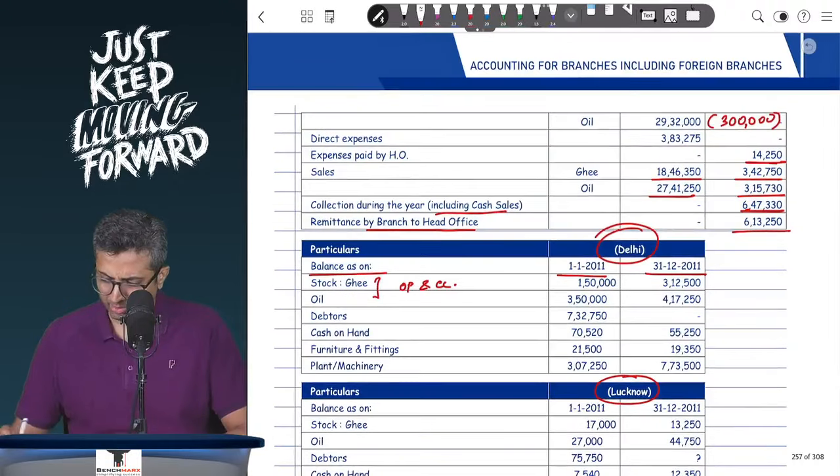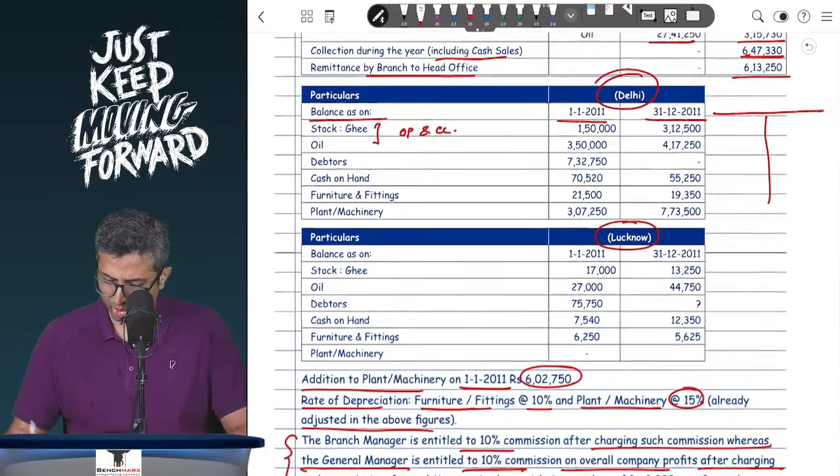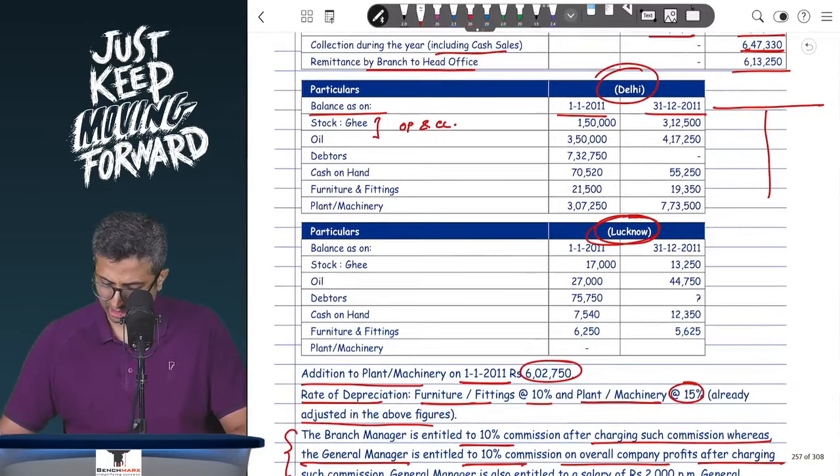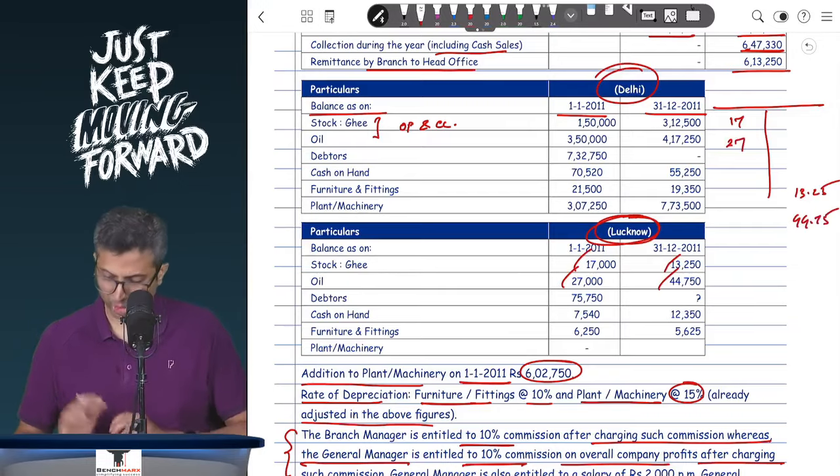So when I look at the branch account in the head office books, I will look at Lucknow branch. In the beginning, you will have 17,000 and 27,000 worth of opening stock, and then 13,250 and 44,750 worth of closing stock.